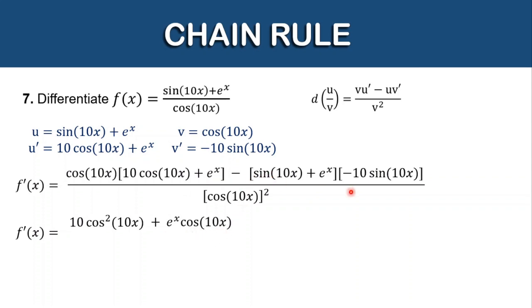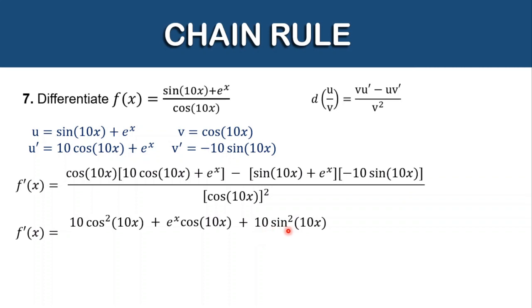Next, dito naman tayo sa second term natin. Negative 10 sine 10x, i-distribute natin ito dun sa dalawang terms na nasa loob ng bracket natin. So multiply natin, negative 10 sine 10x times sine 10x is equivalent to negative 10 sine squared 10x. But since we have minus here, magiging positive.